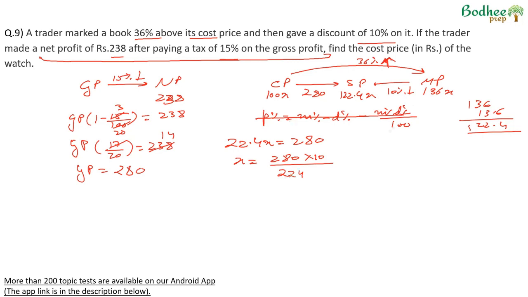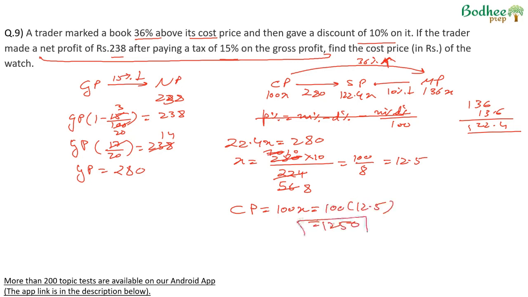So if we divide by 4, 700 by 56, 7 by 56, so 100 by 8, which is 12.5. And therefore, the cost price will be 100x, which is 100 into 12.5, or 1250 becomes the answer.